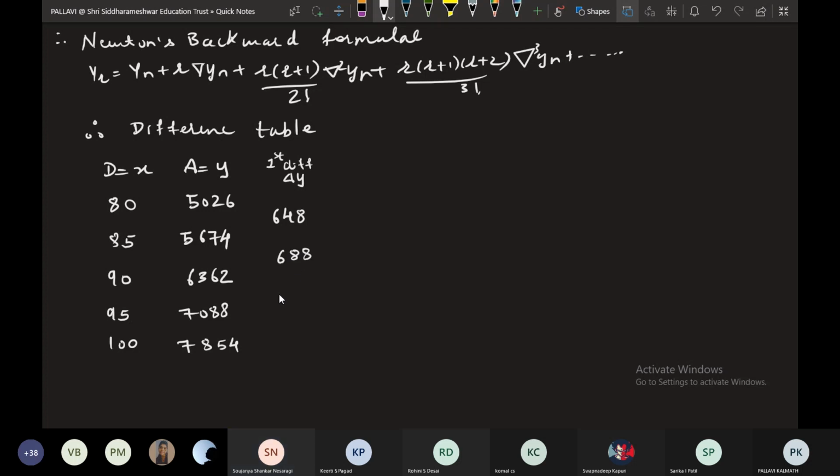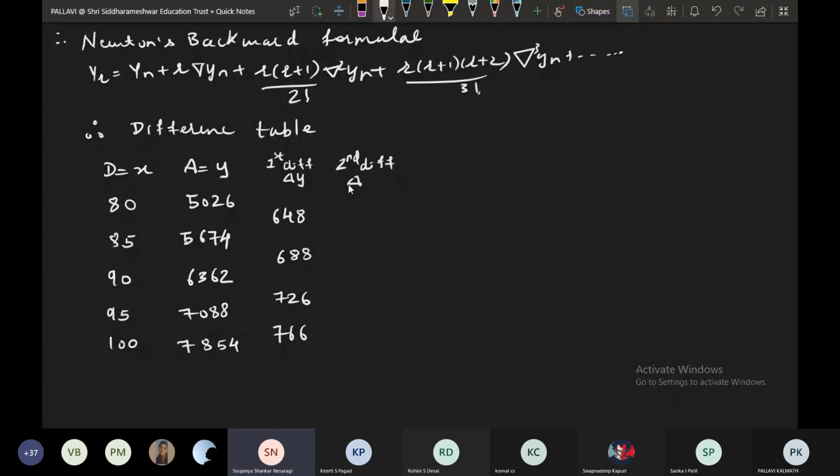Correct. Next value, 726. Next value, 766. Whether all students are clear with the first difference? Yes, ma'am. Then go for the second difference.